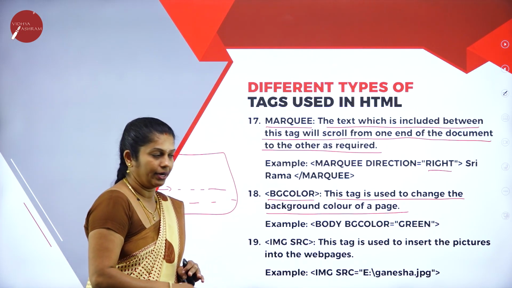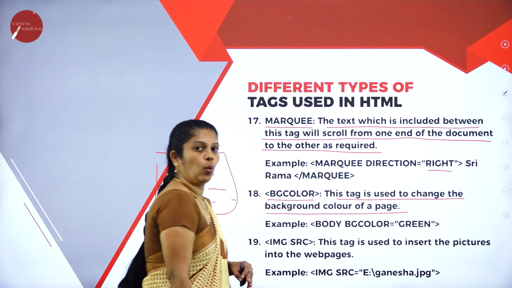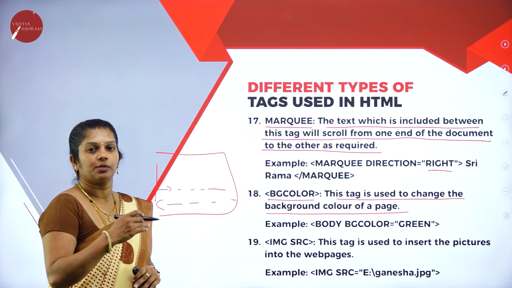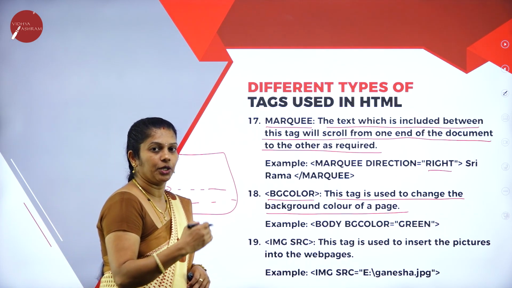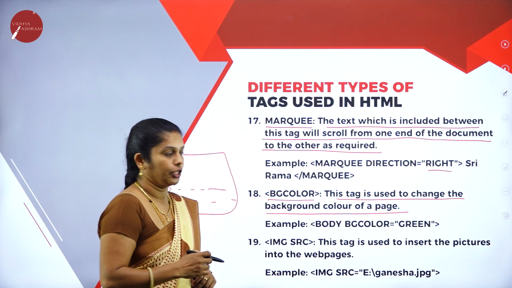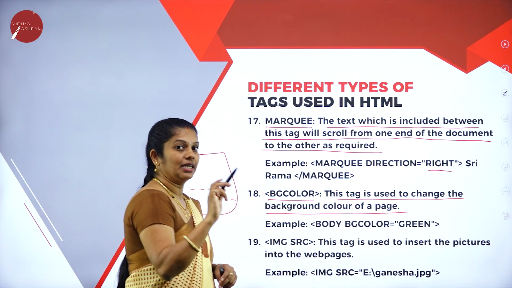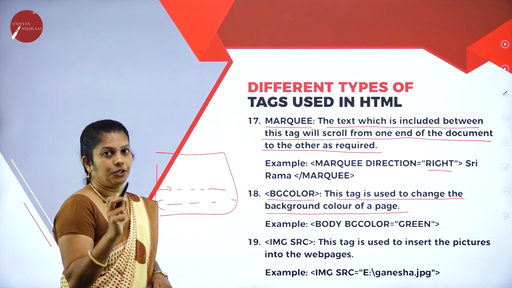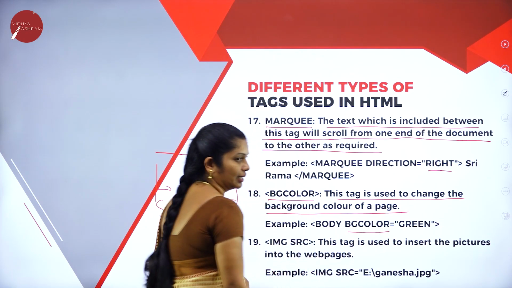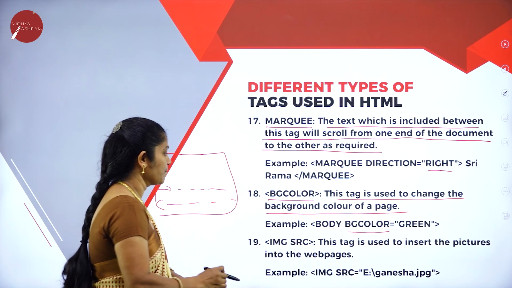There when you open the body, especially on that time itself, body BG color equals. Whichever color you want, you can write inside the double quotes. It means that if you want to display your document with a background red color, here I have to write red, green, whichever color you want, you can give here. It means that body BG color. And with that BG color, it's a single word. Don't give any space in between. Body BG color, that is BG COLOR only you to represent.